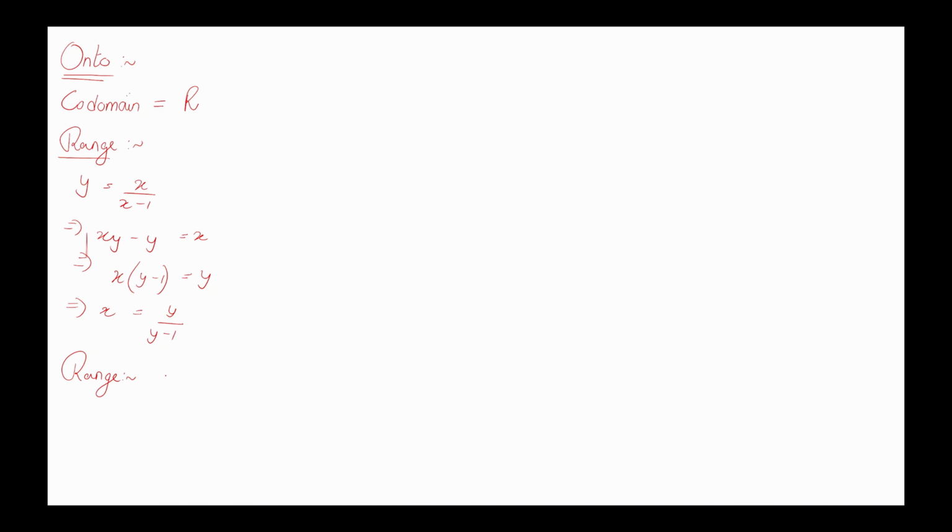If you look at y, all values of y are possible except for 1. y cannot be equal to 1, because if y becomes 1, this entire function would become undefined. So my range is basically R minus 1. So it is not equal to my codomain. That means it is not an onto function.